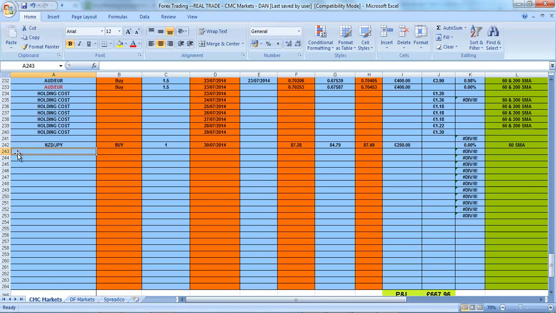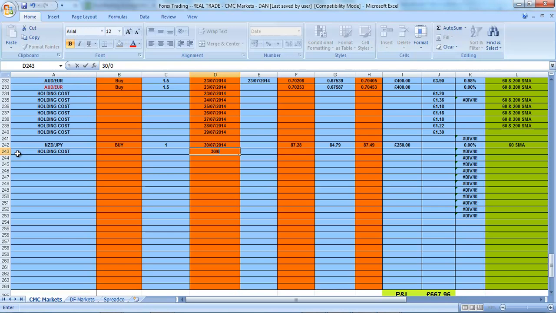That will be from the next line. So I'll just put it in for you guys to see. I'll put in holding cost. I will not put anything where it says buy or sell. Neither would I put anything where it says stake. Then the date, if for example they've paid me from last night, I will put last night's date, which will be today obviously.